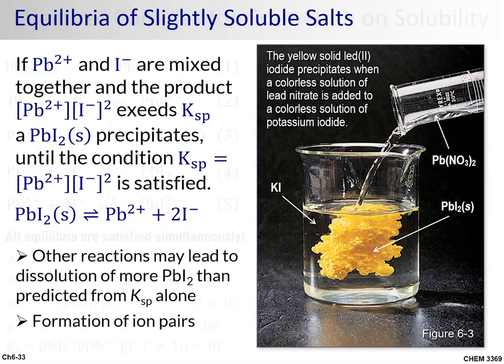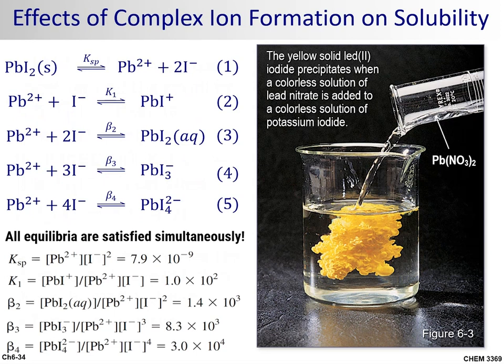Okay, so for this particular example, if only these two ions, Pb2+ and iodide, reacted to form the solid PbI2, the solubility of Pb2+ would always be very low if there was an excess of iodide ions.